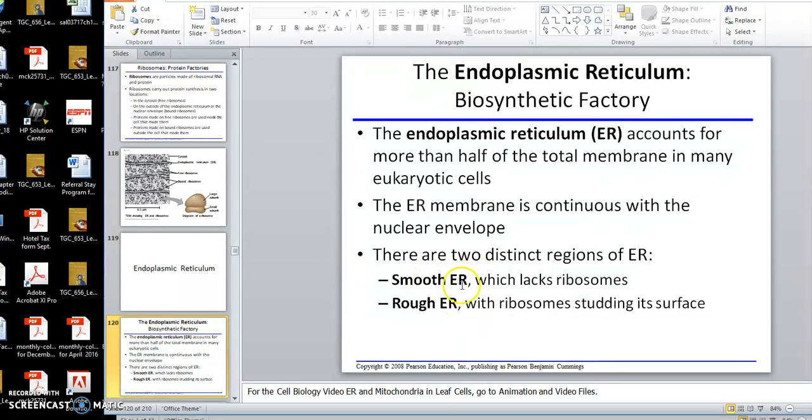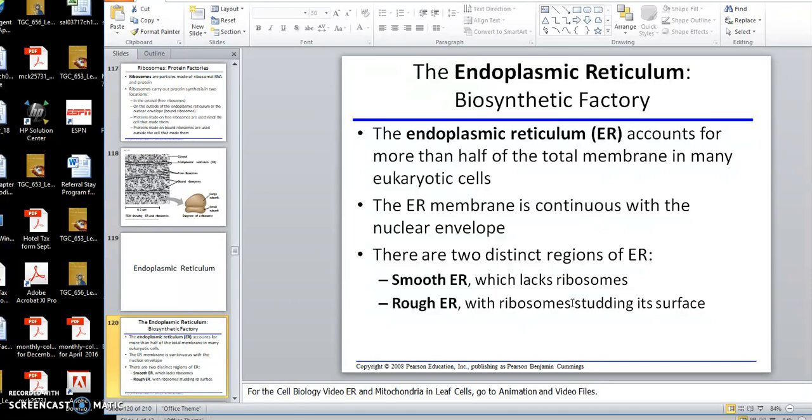The smooth ER lacks ribosomes, and they never will sit there. The rough ER has ribosomes on its surface. Now I want to discuss this real quick. In the old days, the rough ER could not be distinguished as the rough ER unless it had the ribosomes. Let's move to modern day. You can reserve a table at a restaurant, not be there, and they know that's where your table is.